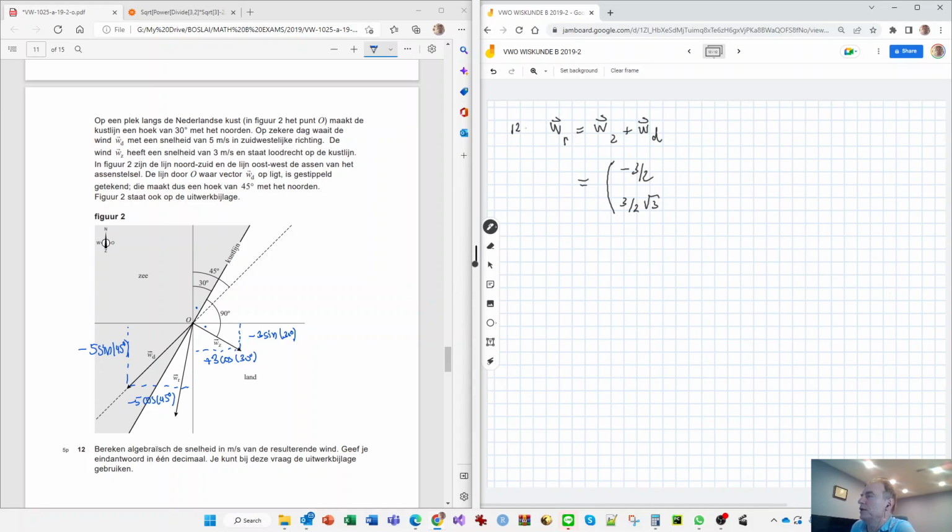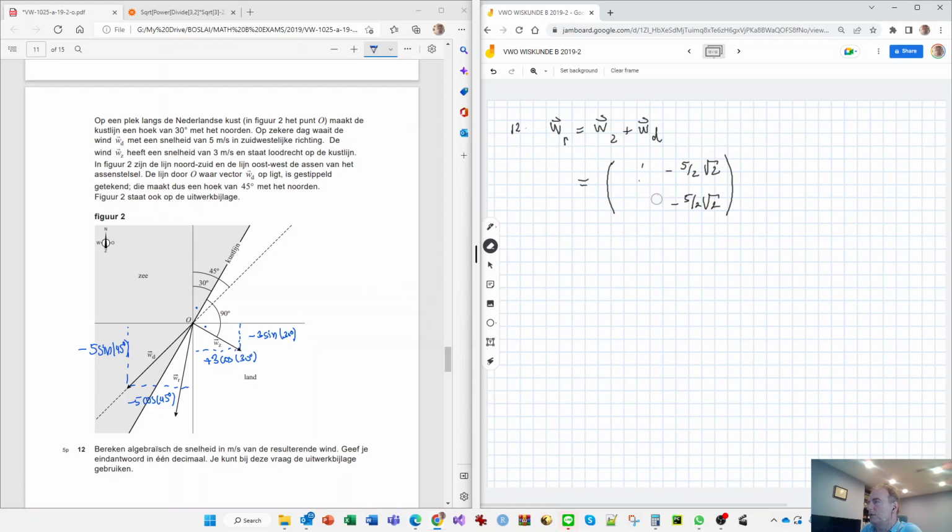And I can just immediately add them, minus actually, because they're negative. 45 is just 1/2 square root of 2. So I get 5/2 square root of 2 and minus 5/2 square root of 2. Does that make sense? No, that doesn't make sense. I'm not sure what I was doing.